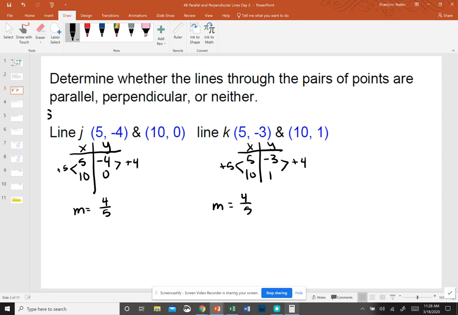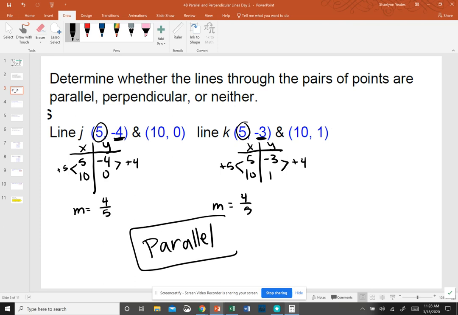So right now it has the potential of possibly being parallel. Now, either it's parallel or all points are the same. So let's take a look. This one's at 5 at the same time. Are they at the same y value? No, they're not. So these are actually parallel. Isn't that pretty? I like that.